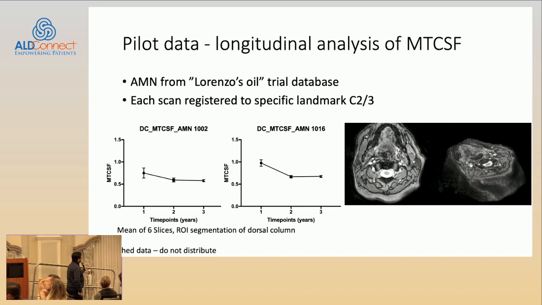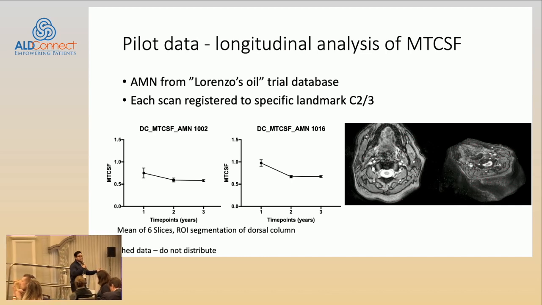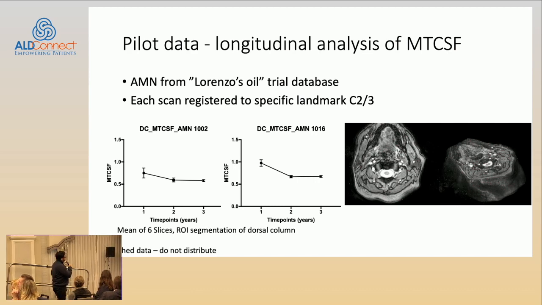So this is the first look at MT-CSF of 2 patients. I'm just showing them; we've done about 40 patients so far, but in putting it together, it's very important to understand where they are before we just cluster them. So this is 3 years of the Lorenzo's Oil study of MT-CSF in AMN.